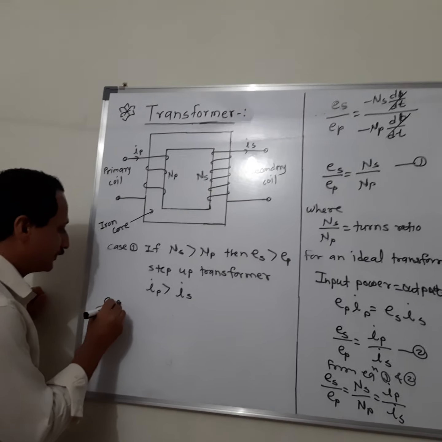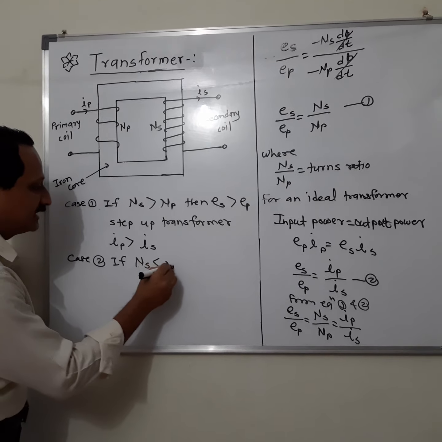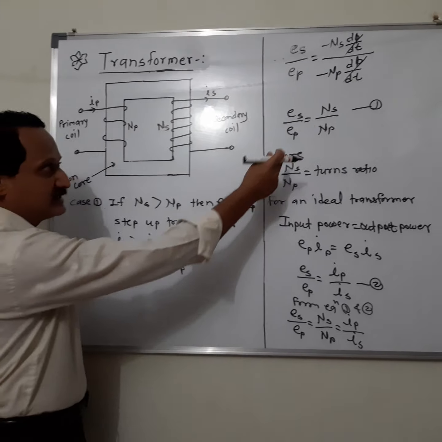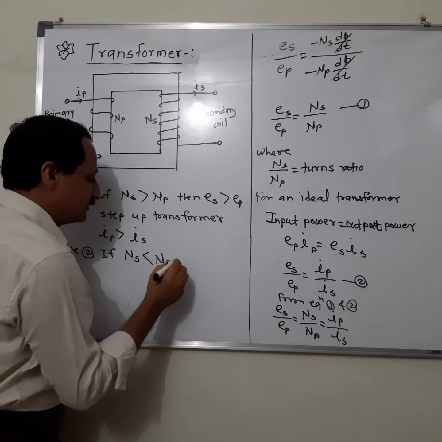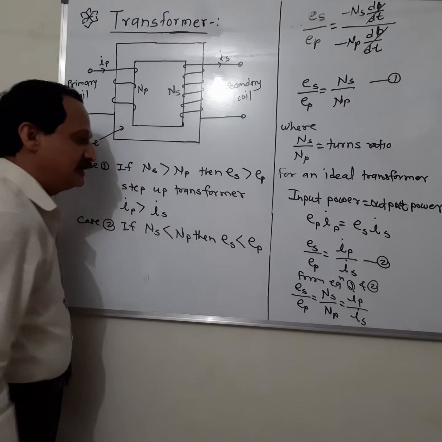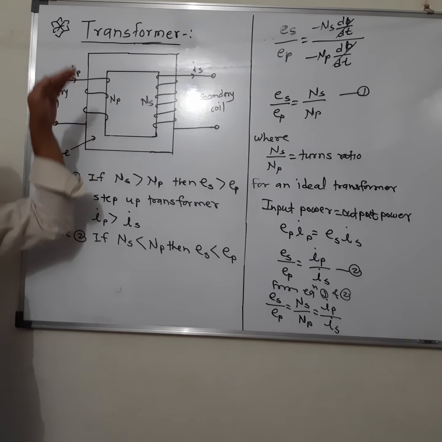Case number 2. If the number of turns in the secondary is less than the number of turns in the primary, meaning the secondary has fewer turns, as NS is less, ES is also less. Then ES is less than EP, meaning output voltage is less than input voltage, meaning voltage decreases.